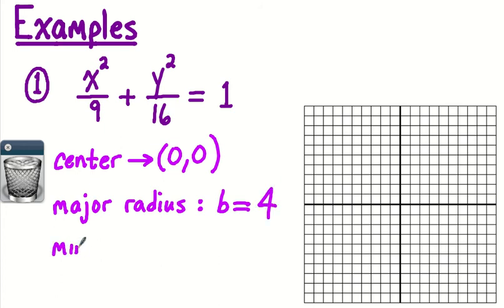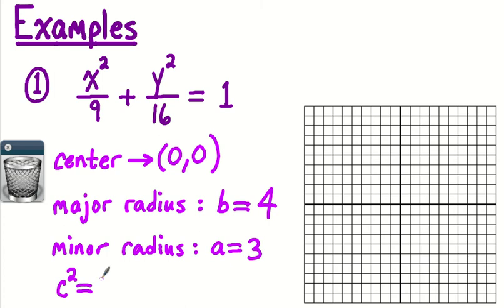And our minor radius is actually our A value here. Okay? And I suppose we could also do c squared equals, remember, c squared is always a squared minus b squared, or the other way around.